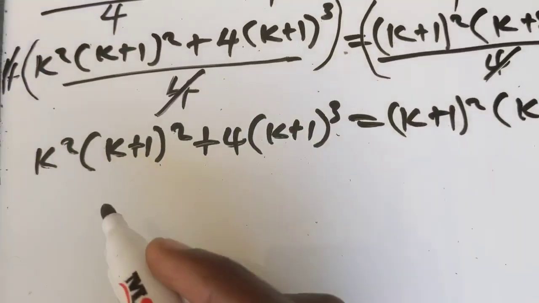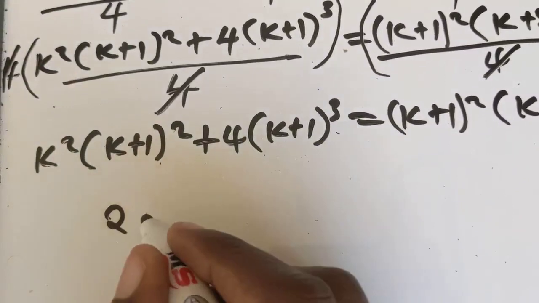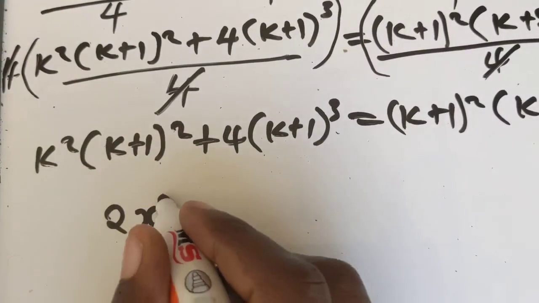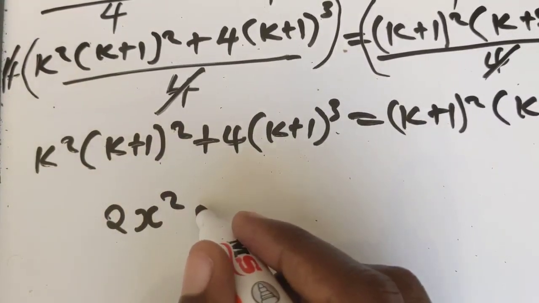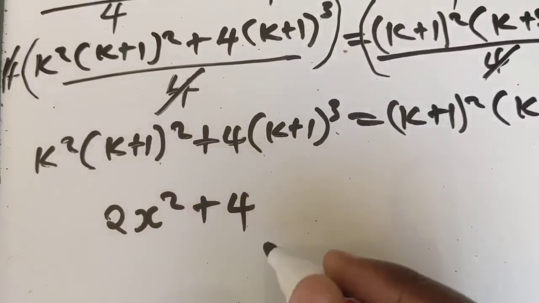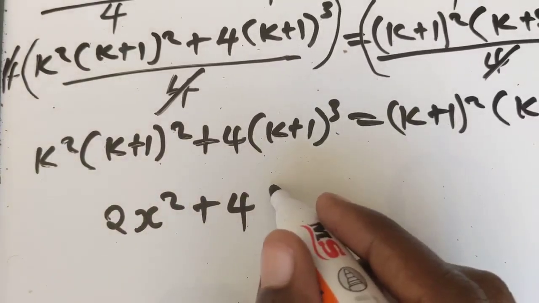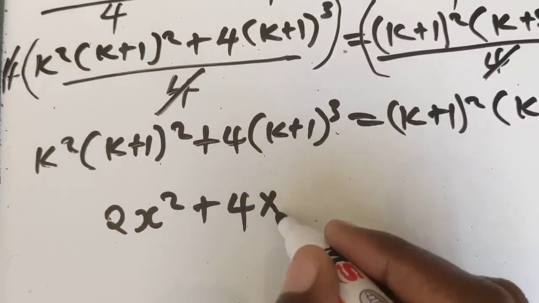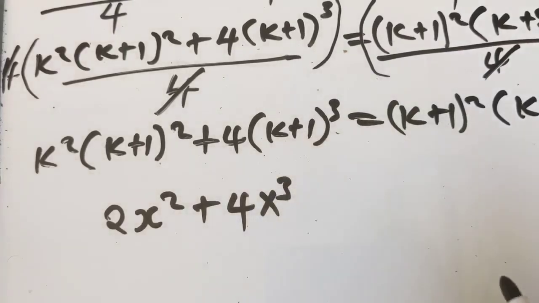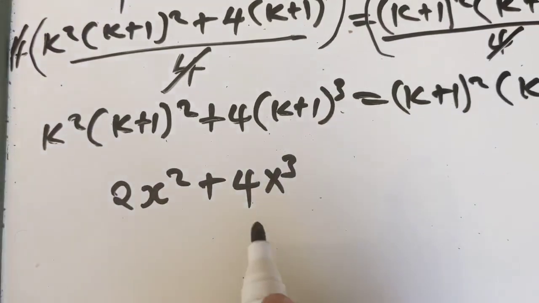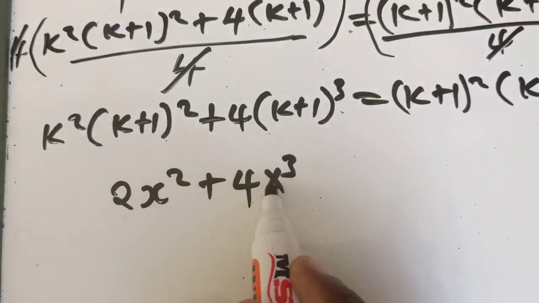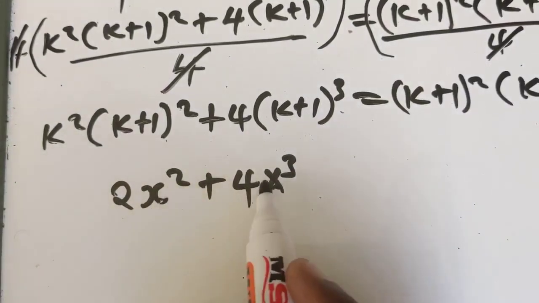If you have something like 2x to the power 2, plus, let's say, 4x to the power 3, since these are common, what is common here?